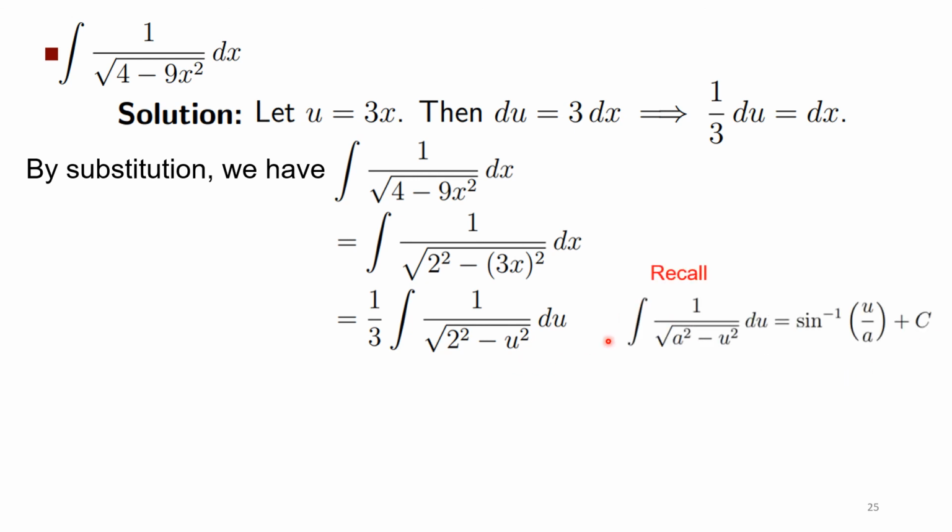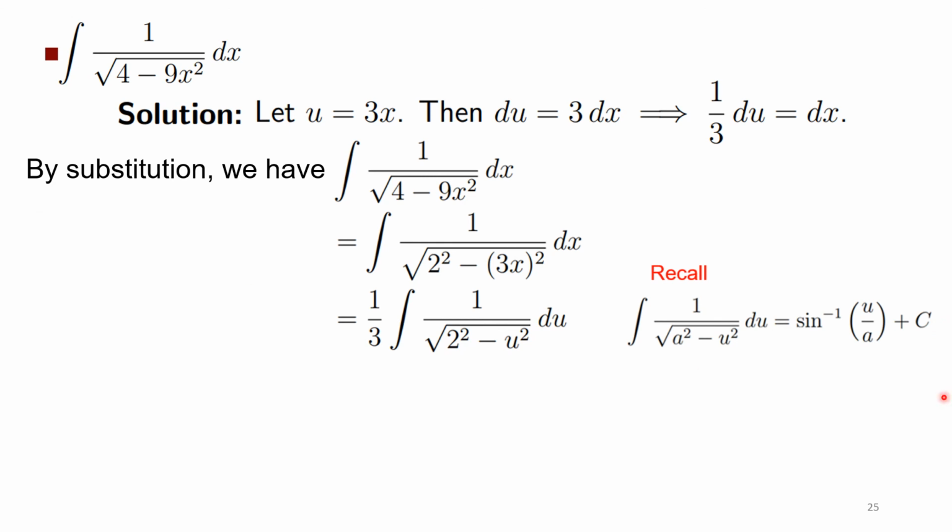If you recall, the integral of 1 over square root of a squared minus u squared du, where our a here is 2 and our u is 3x, is equal to sine inverse of u over a plus c.